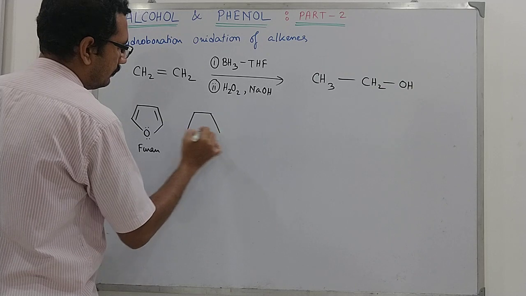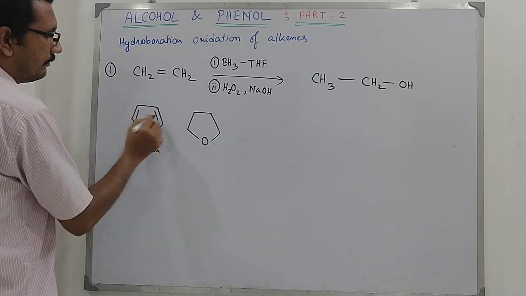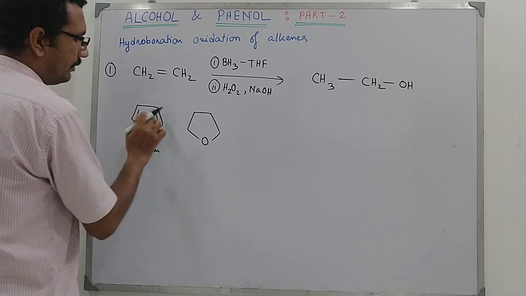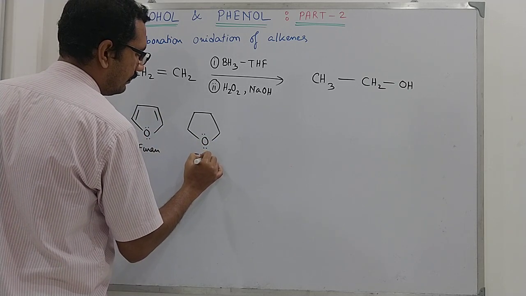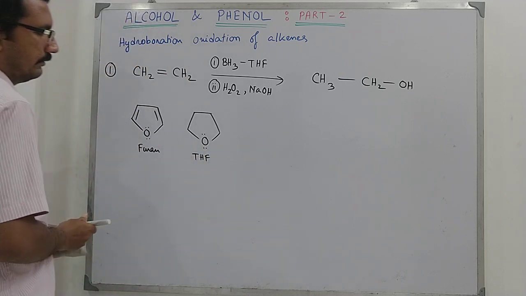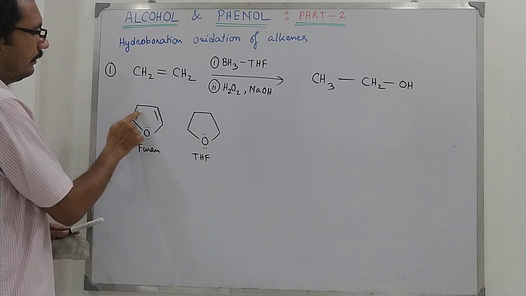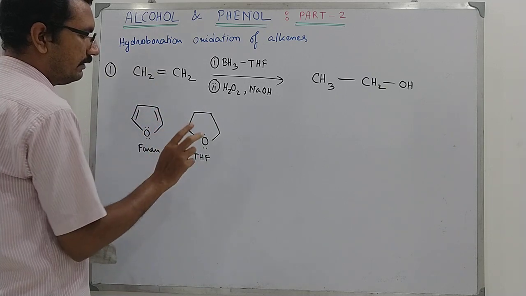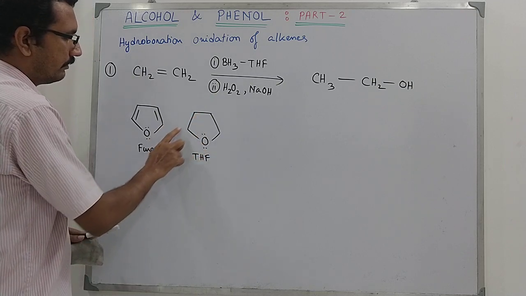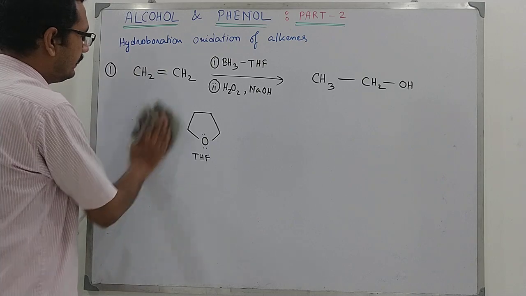Now, if we reduce these two double bonds, we will get tetrahydrofuran. So this THF is actually this. To reduce one pi bond, you need two hydrogens. To reduce two pi bonds, you need four hydrogens. So this is tetrahydrofuran.